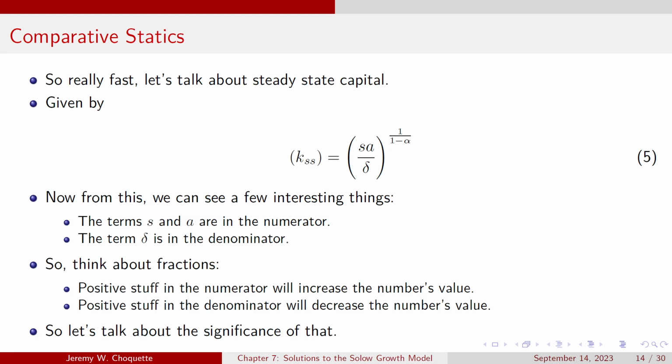Let's think about these fractions for a minute here. If we've got positive stuff in the numerator, it's going to increase the number's value. If we have positive stuff in the denominator, it's going to decrease the number's value. In this case, it's going to decrease steady state capital. Let's get into the significance of that, because this isn't just pure mathematics. This is kind of where mathematics and economics come together.